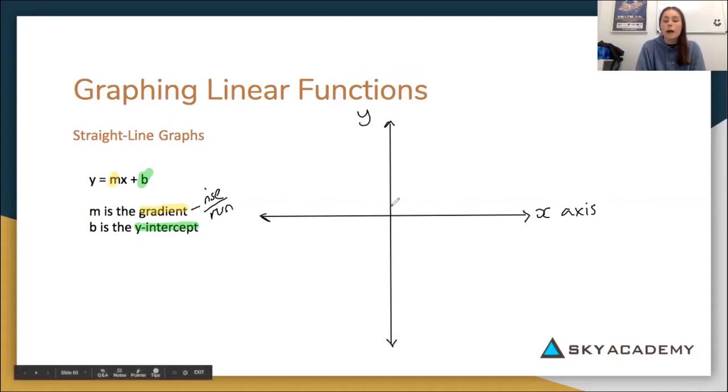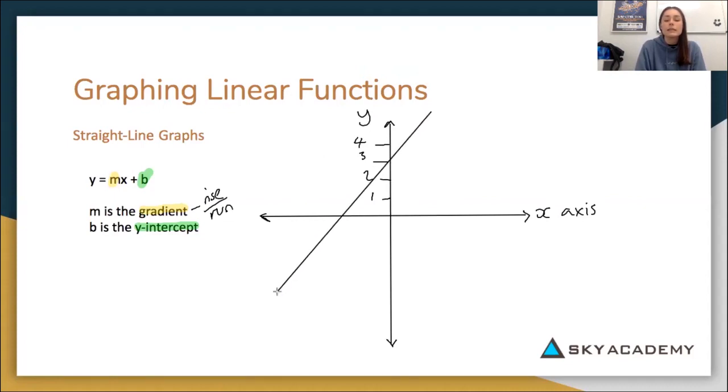If we have 1, 2, 3, 4, for example, and we have a line going through like this, wherever our line crosses the y-axis, that is going to be the y-intercept. So our y-intercept for this straight line here is going to be 3, because it crosses the y-axis at the point of 3.